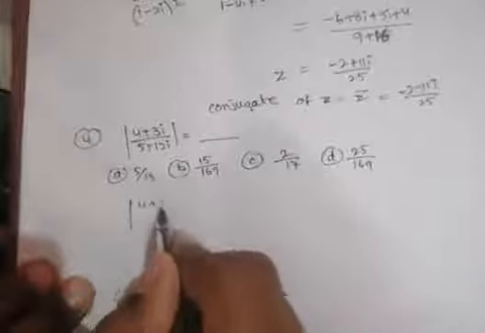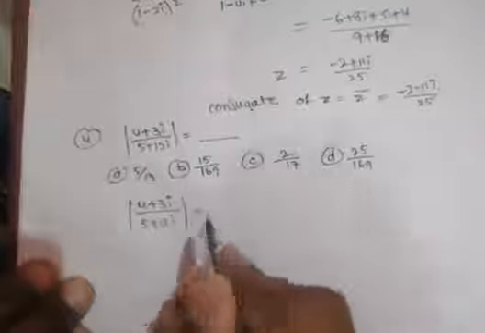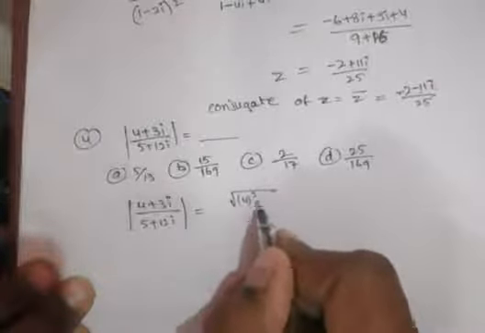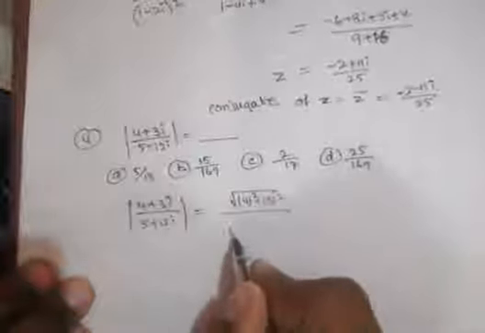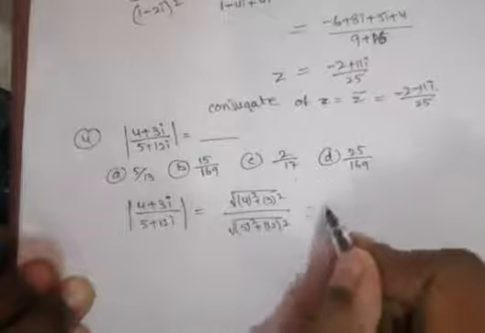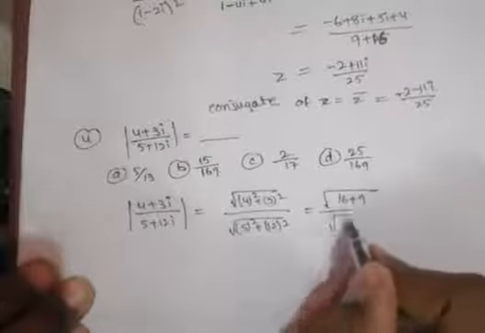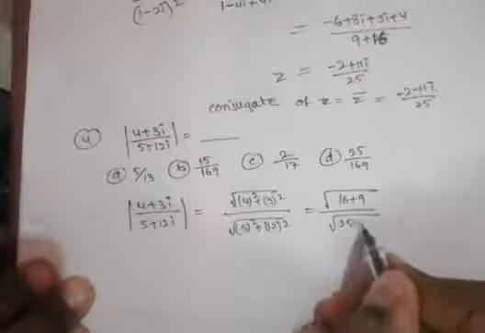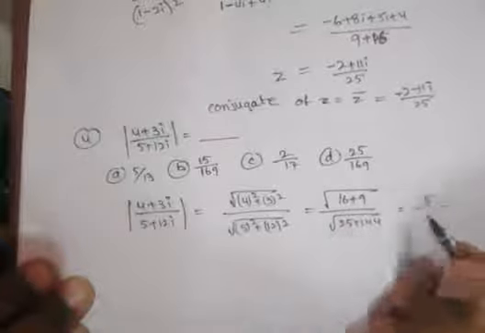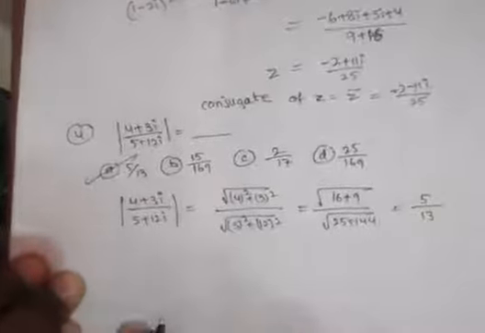You have to find the mod of 4 plus 3i by 5 plus 12i, which is under root of 4 square plus 3 square by under root of 5 square plus 12 square, that is under root of 16 plus 9 by under root of 25 plus 144. Under root 25 means 5, 169 means 13, so 5 by 13. Option A is the correct answer.